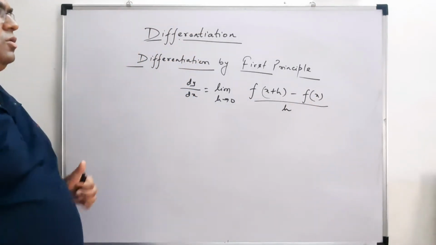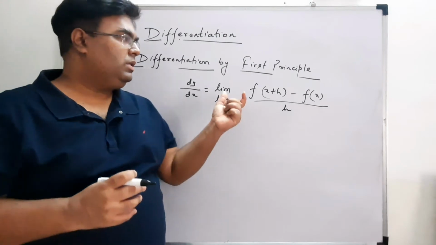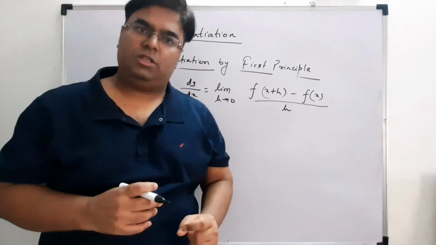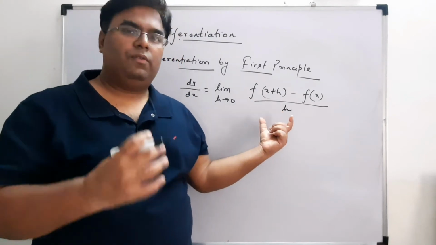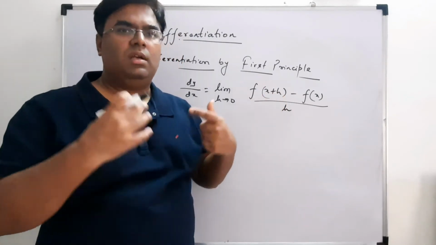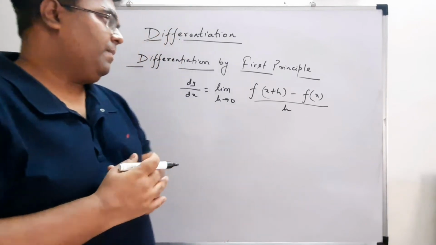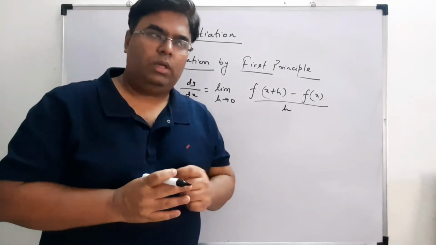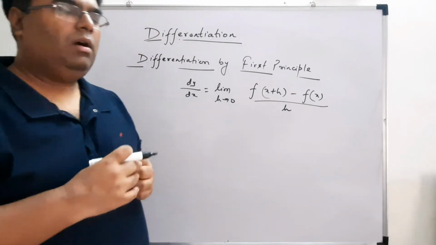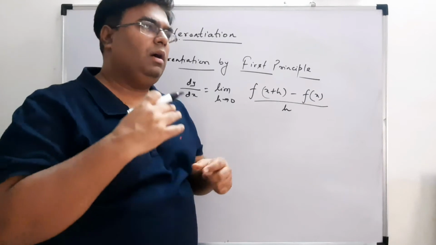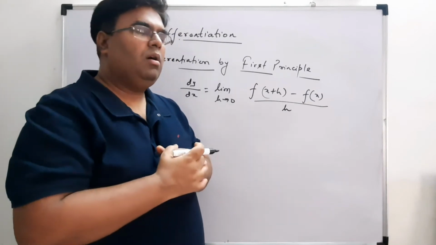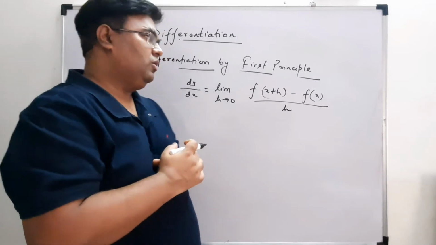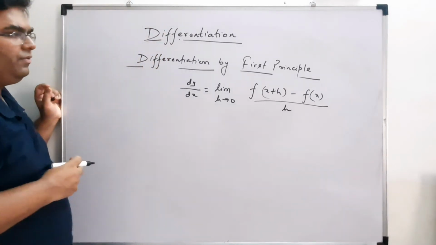Whenever we find differentiation using this formula, we call it differentiation by first principle, because this was the first definition of differentiation. There are lots of formulas derived using this formula only. I'll show you how some of those come, and then you will practice other sums also. So let us take our first formula.